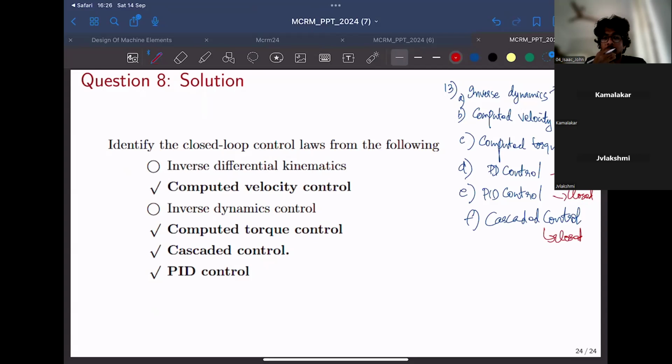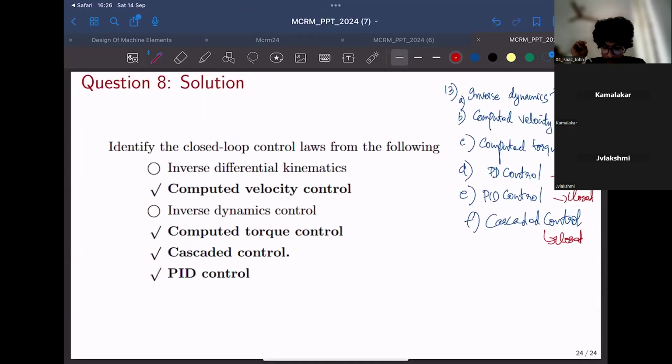Inverse dynamics control is open. Sorry, inverse differential kinematics is also open. Yes, in the answer options which you have written there, I was not seeing inverse differential kinematics.